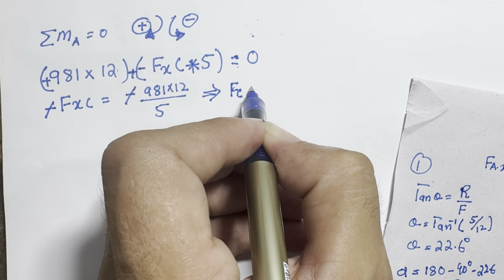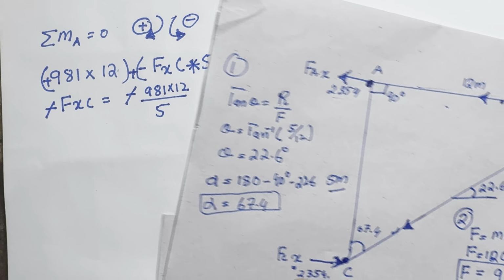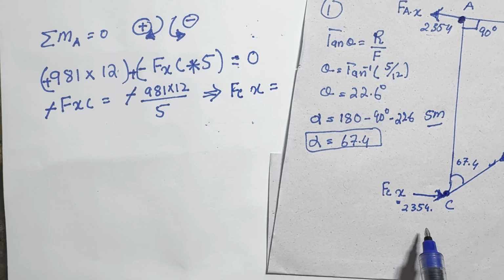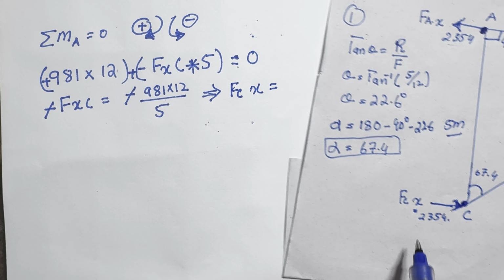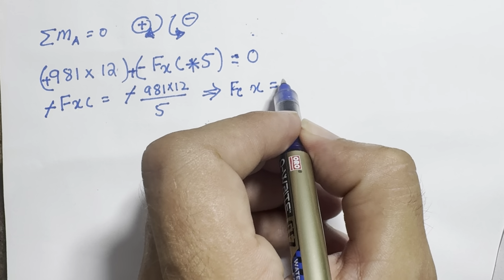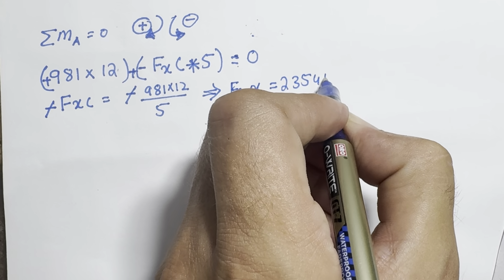FC at point C, the horizontal reaction force, which I have already calculated, is 23.54, so 2354 Newton.